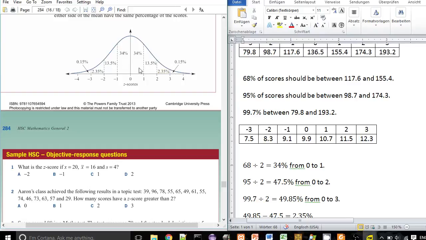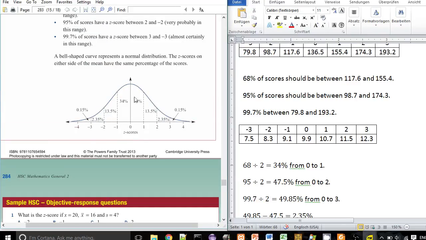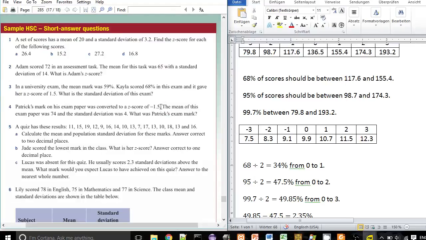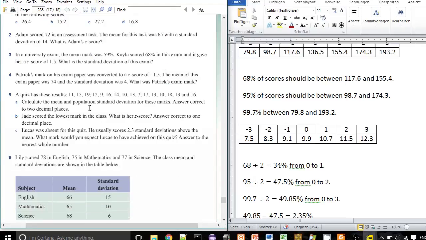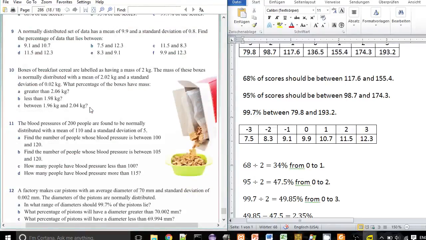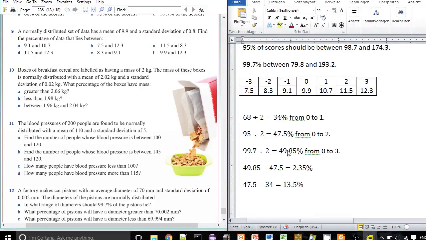But anyway, it does make sense. In fact, I don't know why they don't give you this in the test. Maybe they will. Alright, where were we up to? Okay, 9.9 and 12.3, that's easy, it's just 0 and 3, so it's this number, 49.85% for that one.